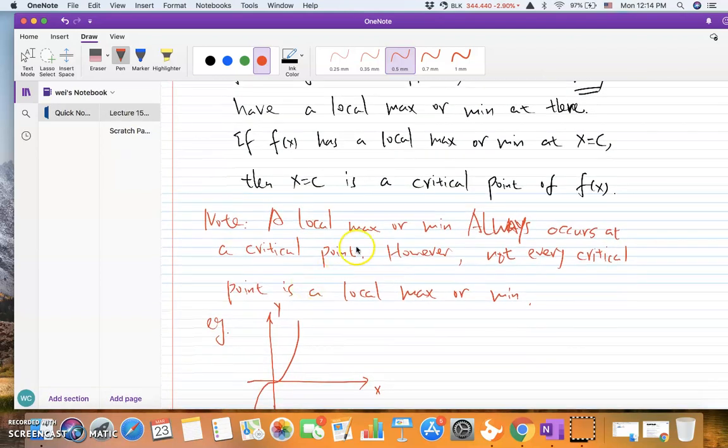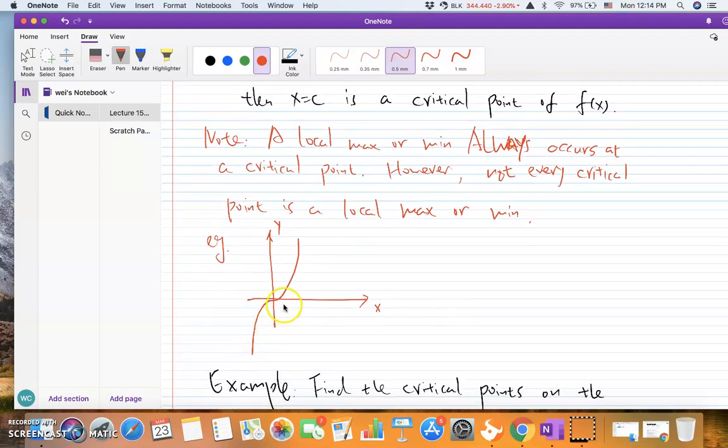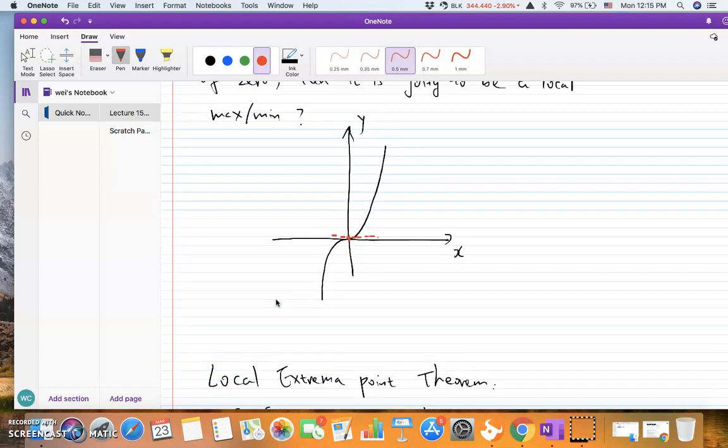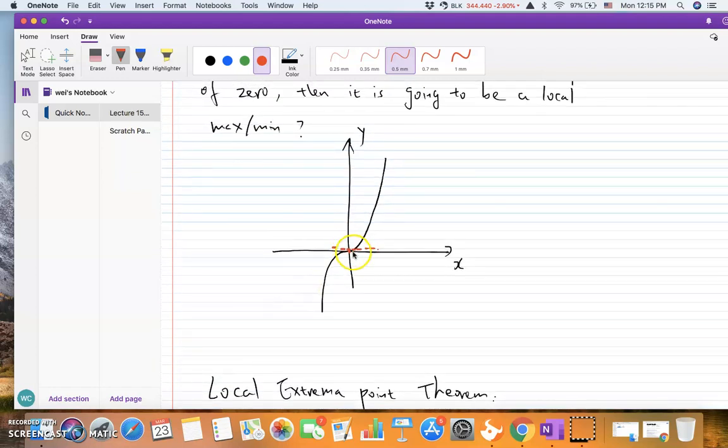So the local maximum or minimum always occurs at a critical point. However, not every critical point is a local maximum or minimum. For example, at this point, the example we saw earlier, since the derivative equals zero, this point is a critical point.